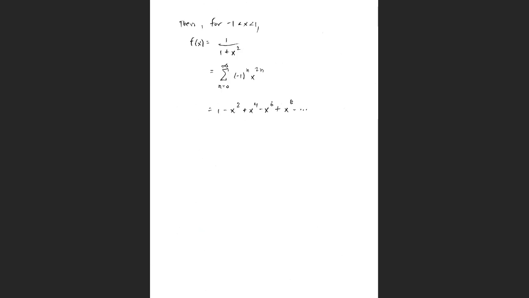Well, so this means then, when x is between negative 1 and 1, we can take our rational function, f of x equals 1 over 1 plus x squared, and express it as this power series.